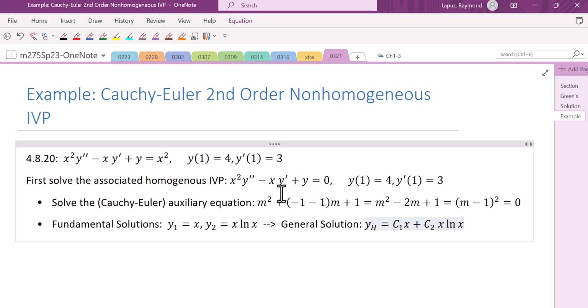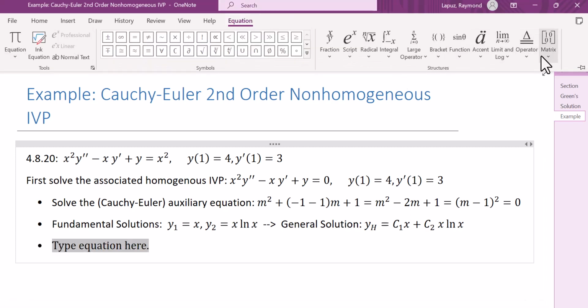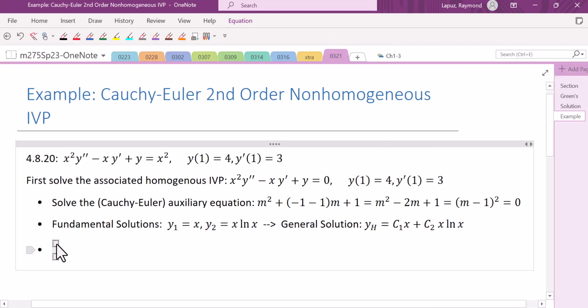From here, we'll use the initial conditions, so we will need the derivative. So let's see if we can insert a couple of equations here. We'll have the original function here, and then we'll have y sub h prime.